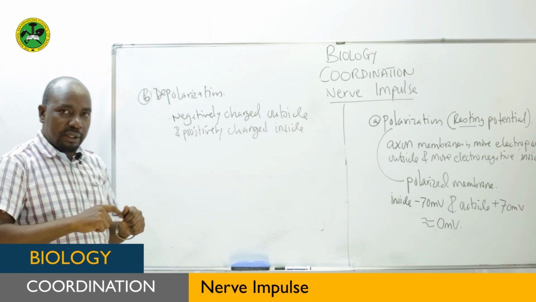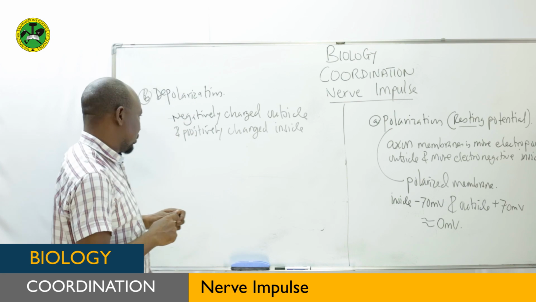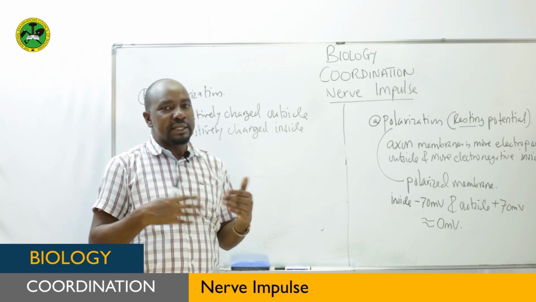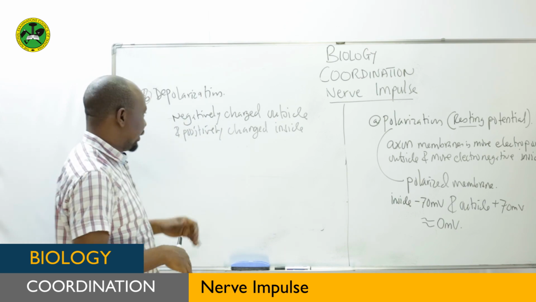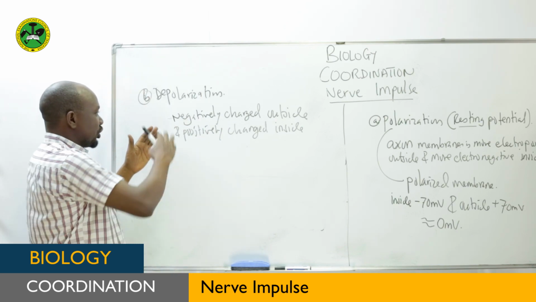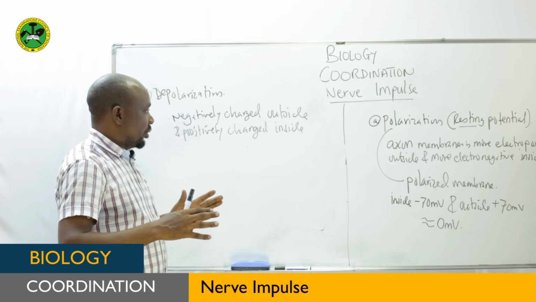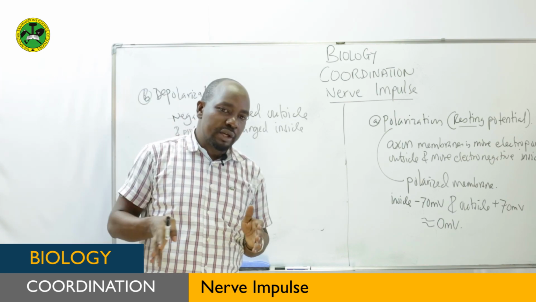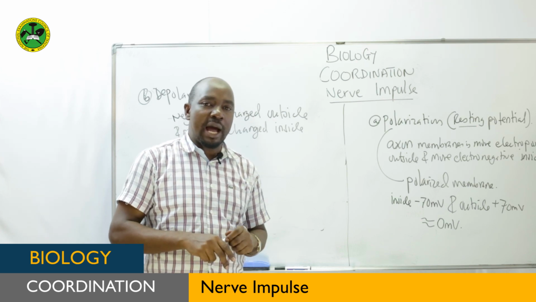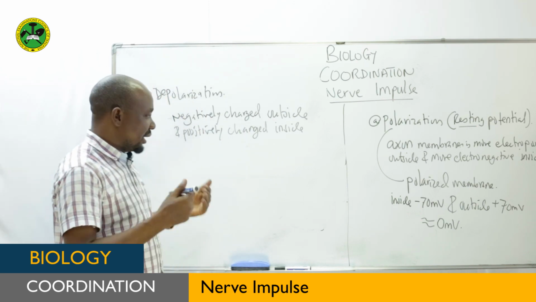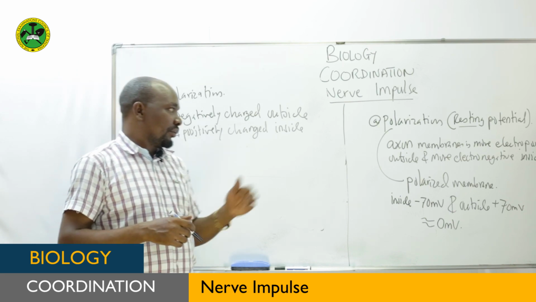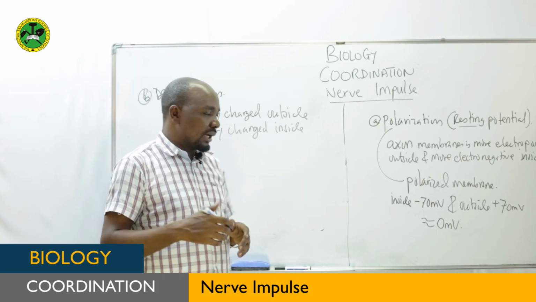This happens when the axon is stimulated by a stimulus. Or in other words, we say it occurs across the axon membrane when the nerve impulses are conducted, or when the nerve impulses are passing along the axon.